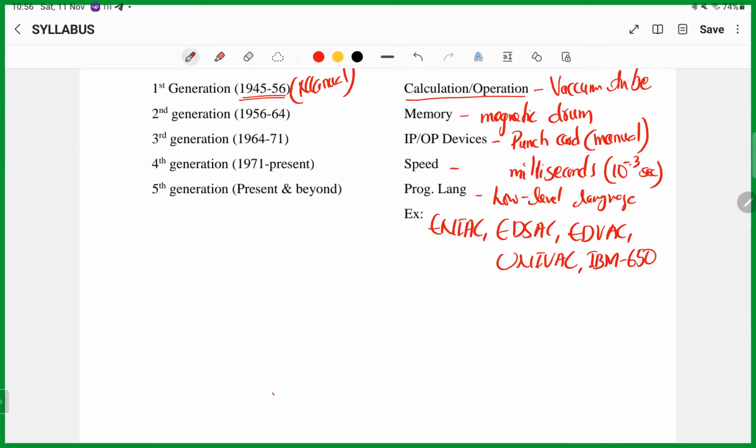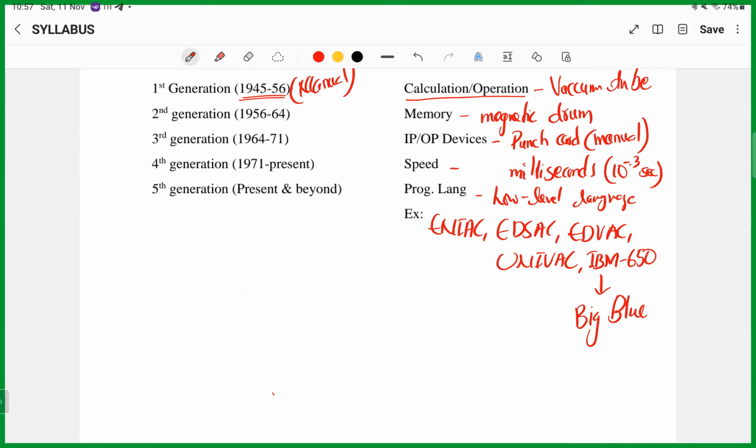IBM is nothing but International Business Machine. It's a company name. It has got another name. Examples are pretty important. Big Blue. So, the examples.